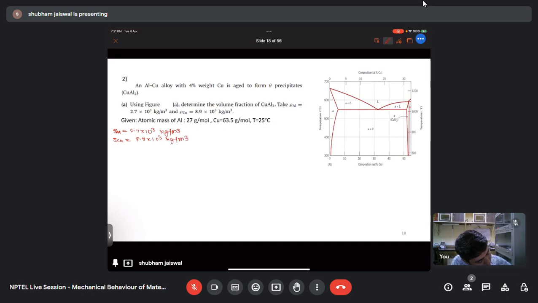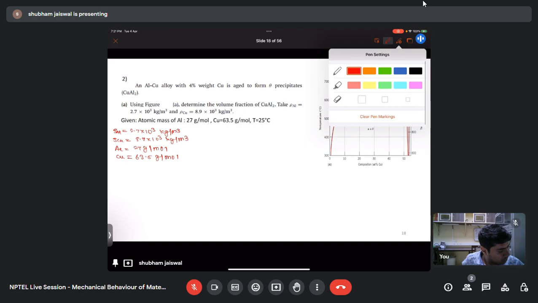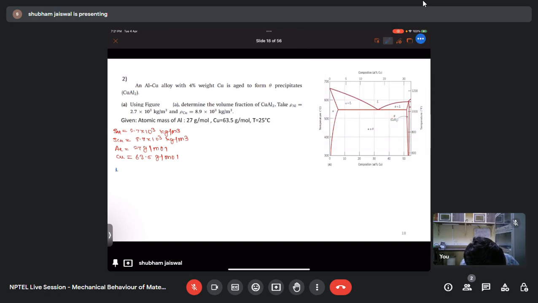We have the atomic mass of aluminum as 27 gram per mole, and that of copper is 63.5 gram per mole.